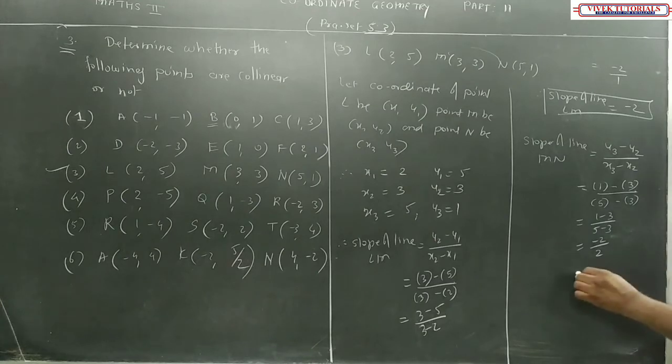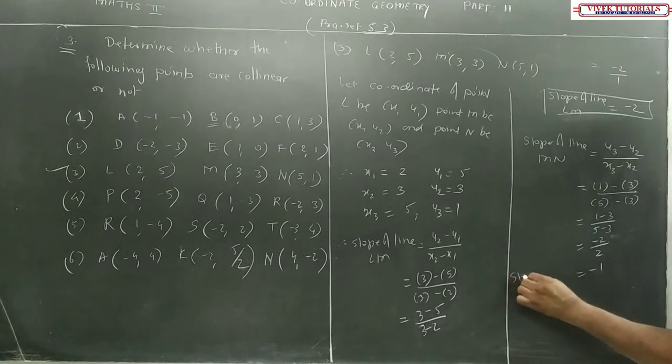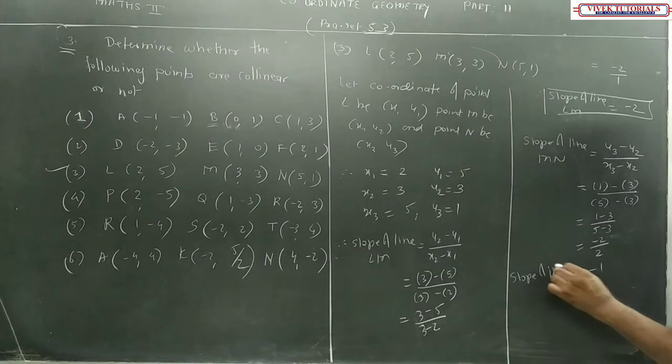Here it is -1. That is the slope of line MN.